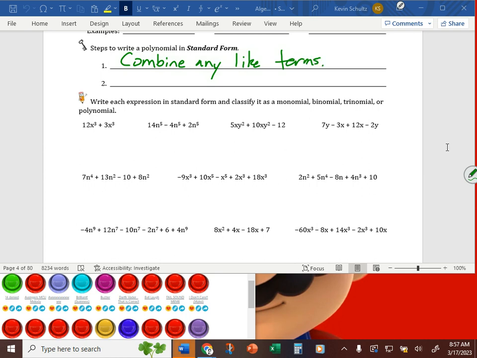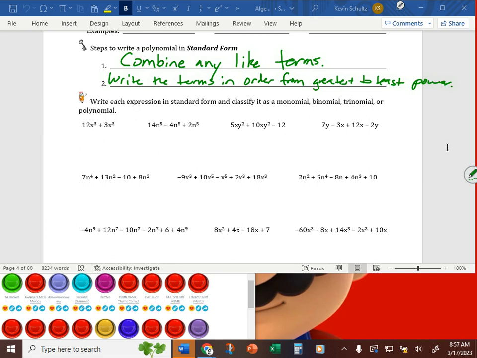And then you want to write the terms in order from greatest to least power. To put something in standard form for a polynomial, you first combine all the like terms, shorten it up as much as you can, and then write the terms in order from greatest to least power.